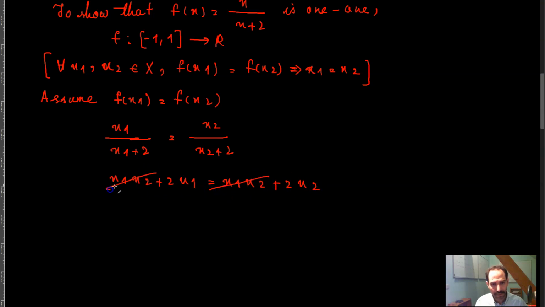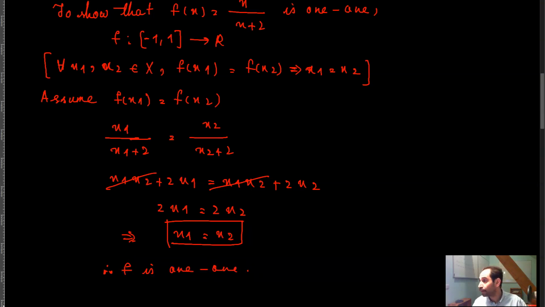Then you can simplify and cancel these out. That gives you 2 times x1 is equal to 2 times x2, which means that x1 is equal to x2. So f of x1 is equal to f of x2 implies that x1 is equal to x2, which means that f is 1-1.